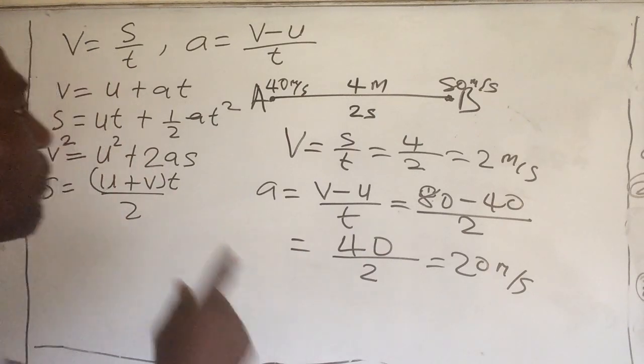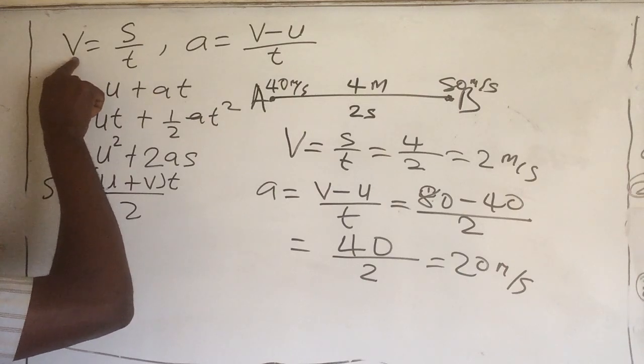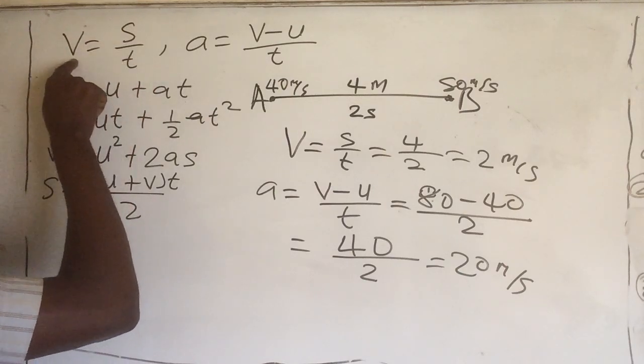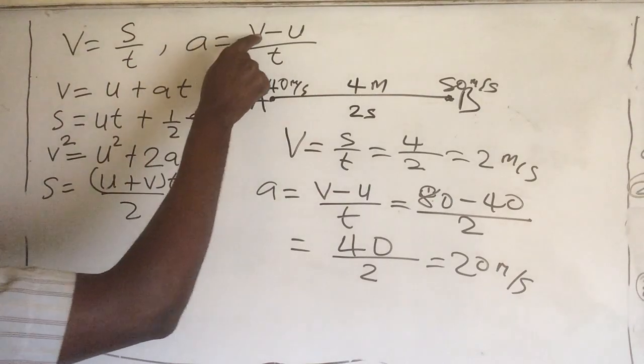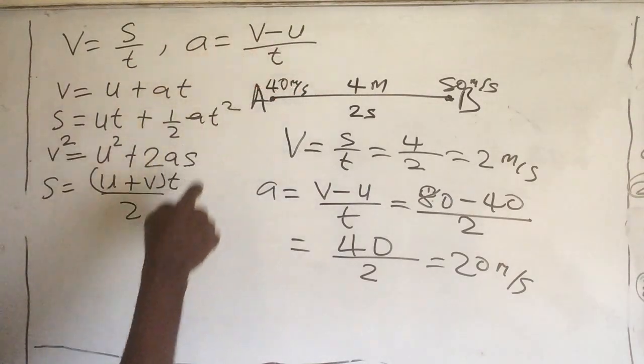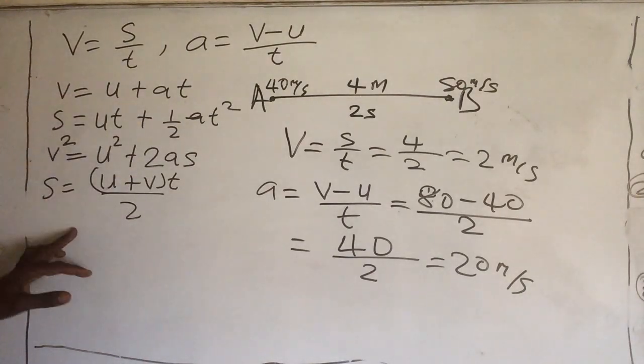Now, from the simple formulas, velocity equals S all over T, and acceleration equals final V minus U all over T, we were able to derive all these 4 formulas.